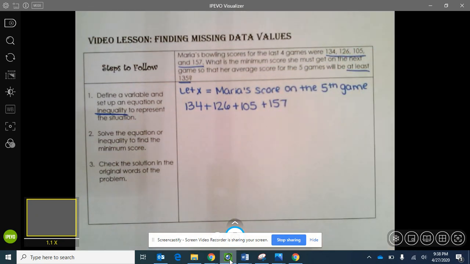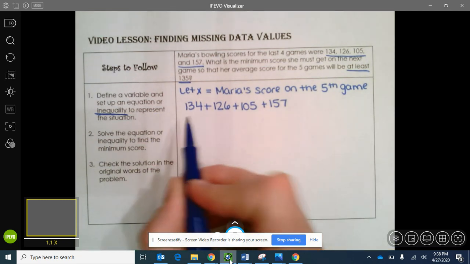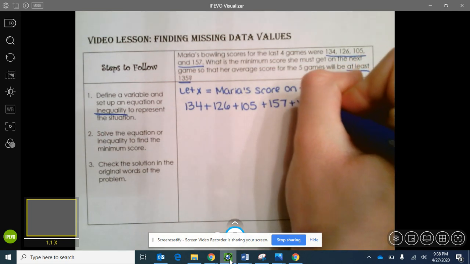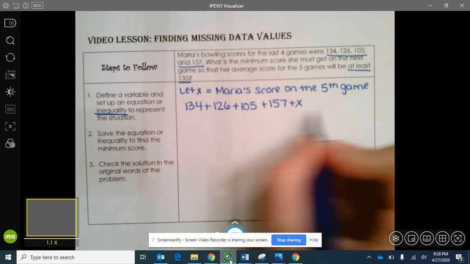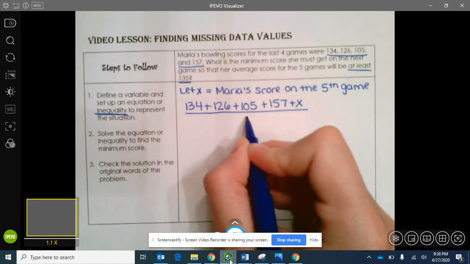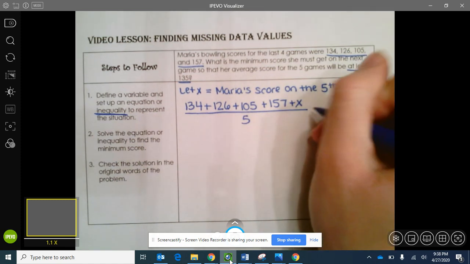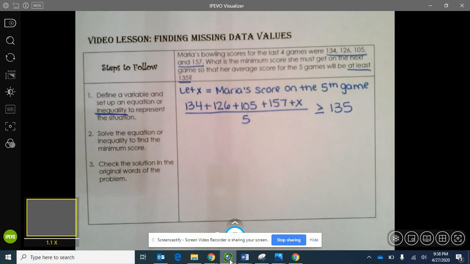So if I was finding the average, I would take all my scores, add them together, divide by 5. Now my 5th score is my unknown. It's my x. So I'm going to take my 5 scores, divide by how many games there are, which is 5. And then if she wants to be at least 135, I'm going to use my greater than or equal to symbol.